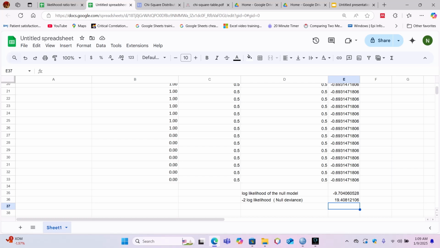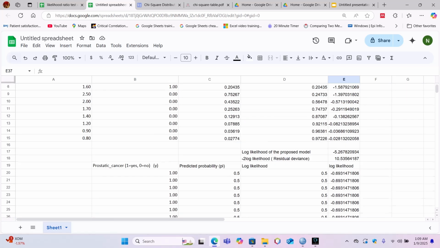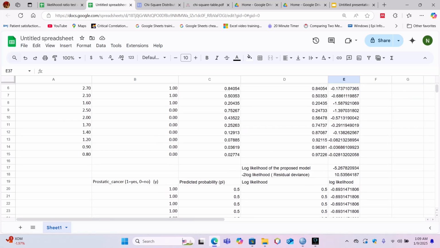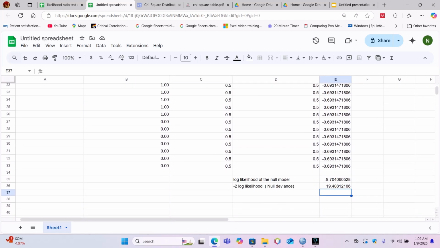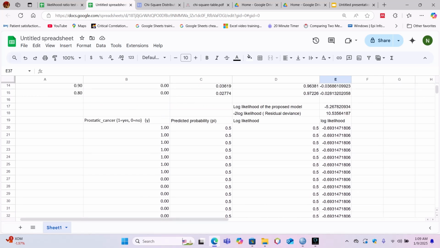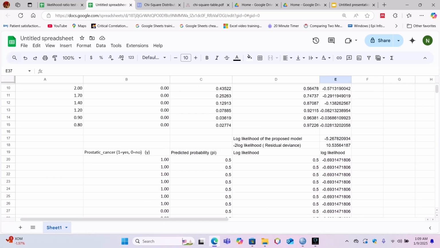So when we compare the null deviance of 19.40 and the residual deviance of 10.53 of our proposed model, we see that the -2 log likelihood for the proposed model, 10.53, is lower compared to the null deviance of 19.40, which signifies a significant fit.